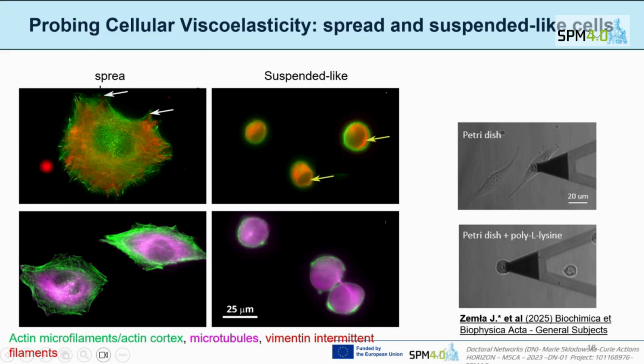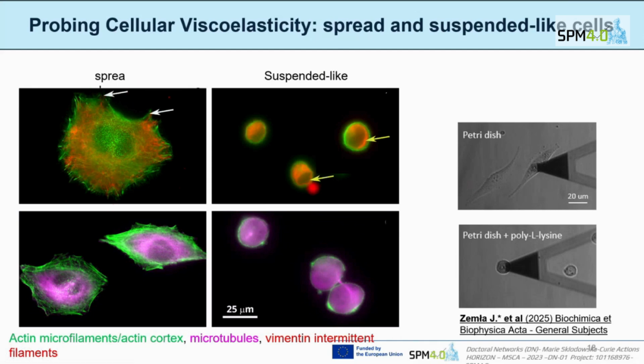At the top line, you can see actin labeled in green and vimentin intermediate filaments labeled in red. Interesting thing is that vimentin intermediate filaments can reach the cell filopodia, and this polymer structure is quite abundant.